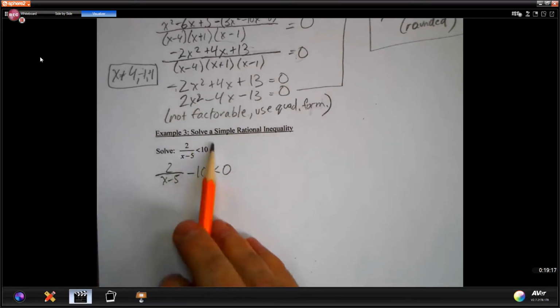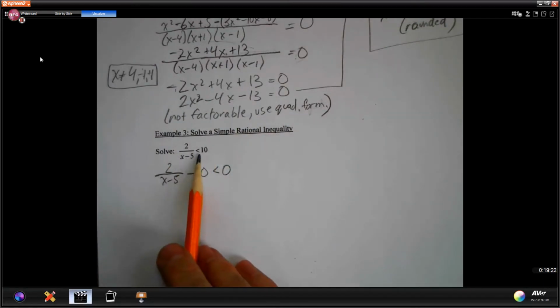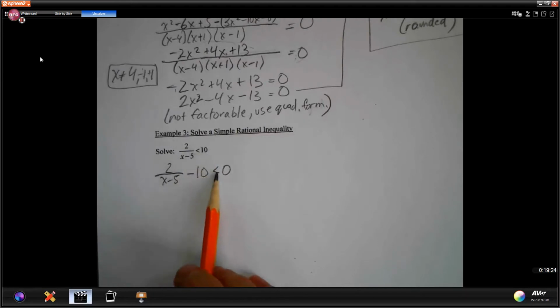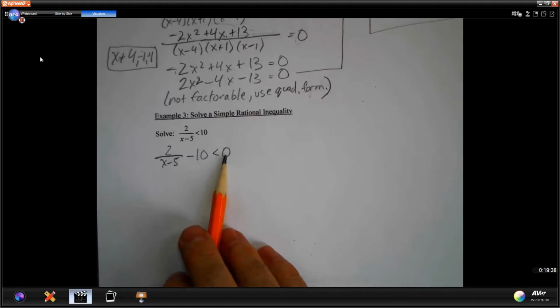And remember the rules about working with these inequalities. The sign always stays with that direction unless you multiply or divide both sides by a negative number, then you flip the sign to the other direction. So if you're just adding or subtracting, you don't have to worry about that. Okay, so we've got the 0 on one side of the inequality, so that's good.